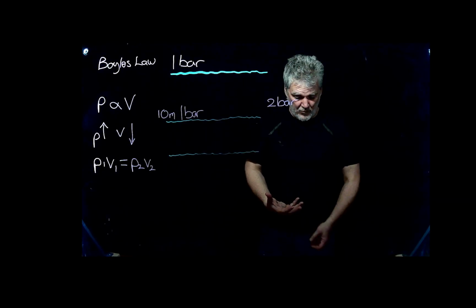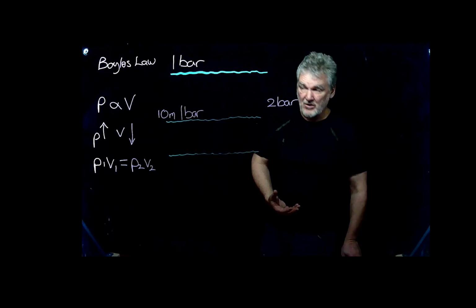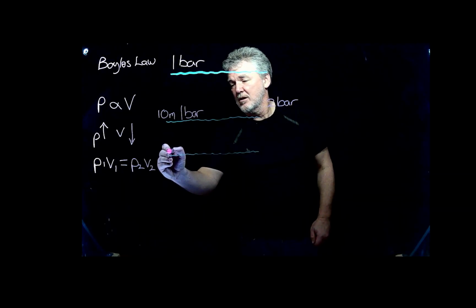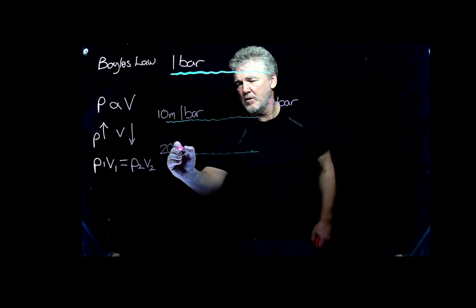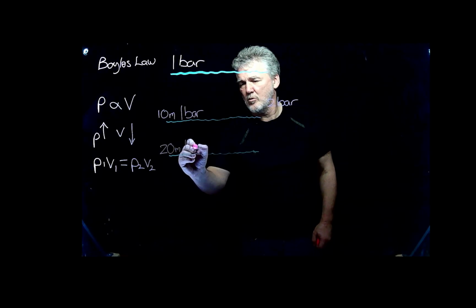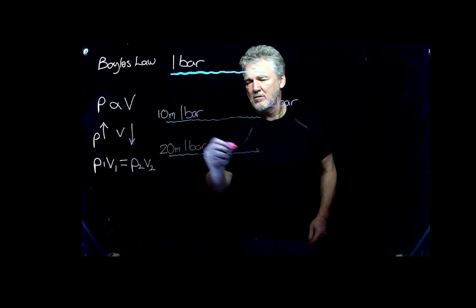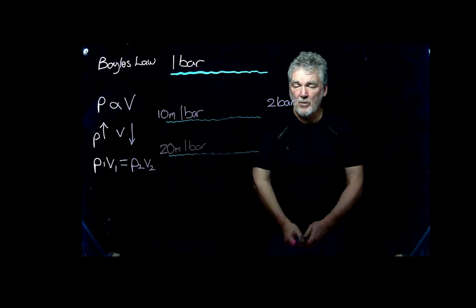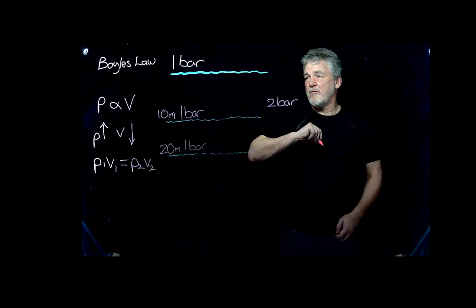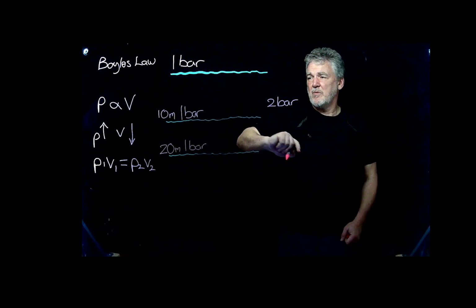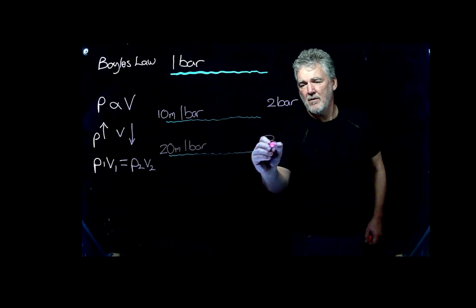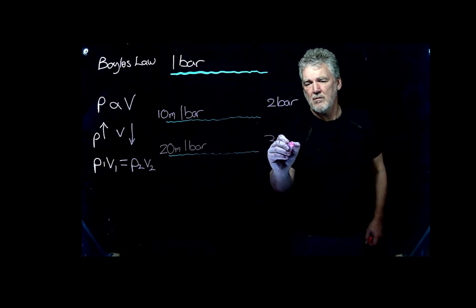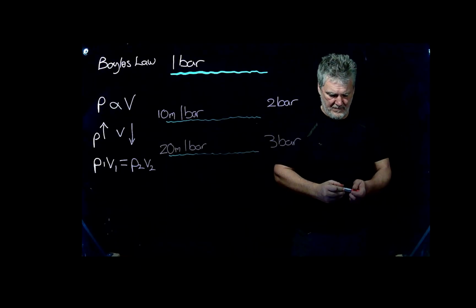Each 10 meters of water will exert another 1 bar of pressure. Here we are at 20 meters, and so we'll have an additional 1 bar of pressure. So now, when we're looking at that, we have 1 bar from the surface, 1 bar from the first 10 meters, 1 bar from the second, and so we have 3 bar in total.